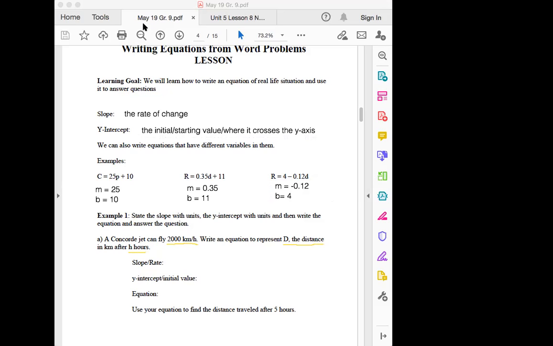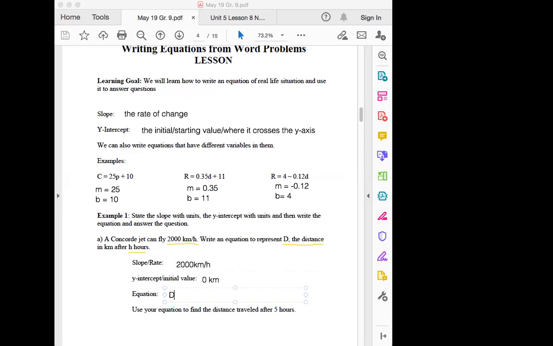Okay. So we're going to look here. So our slope is what it changes every hour. So that would be our 2,000 kilometers per hour. Our y-intercept is our initial value. So that would mean that our jet starts at 0. It's not anywhere. You're going to throw that into an equation.